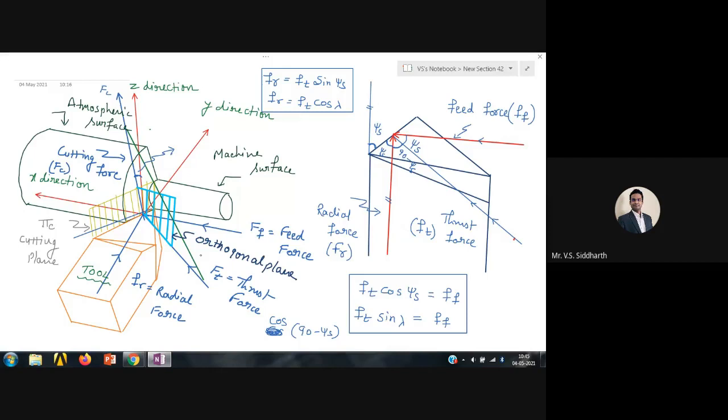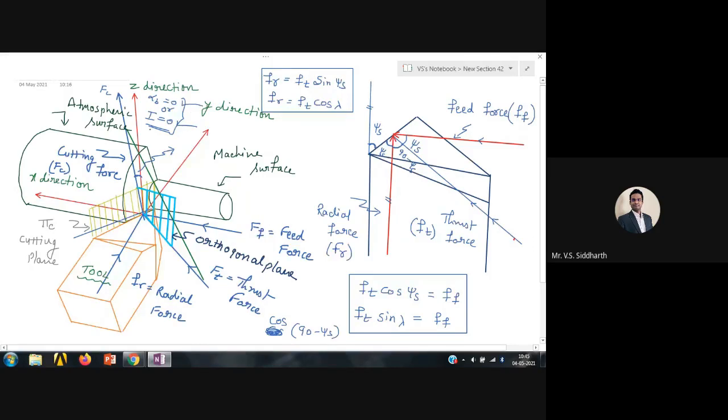Easily you can apply them for force analysis and for finding the forces. If you just assume that I equals 0 or alpha back equals 0, that is nothing but conversion of this oblique cutting into orthogonal cutting.